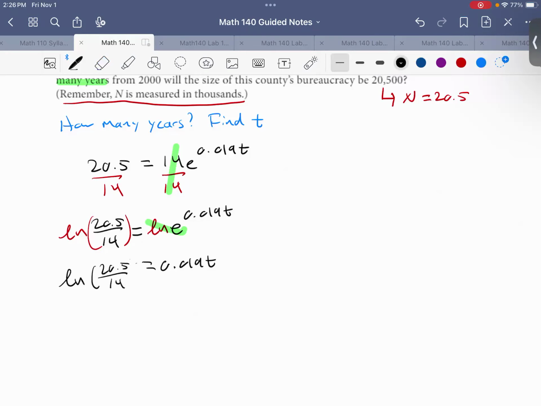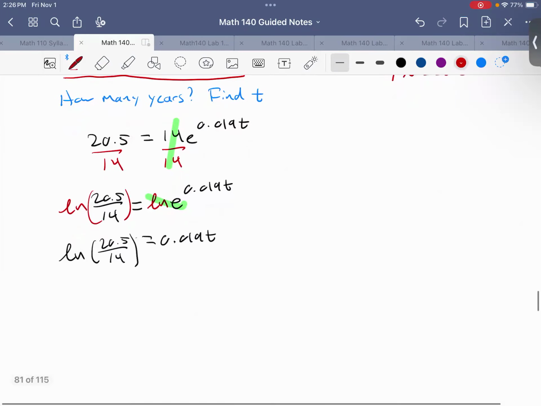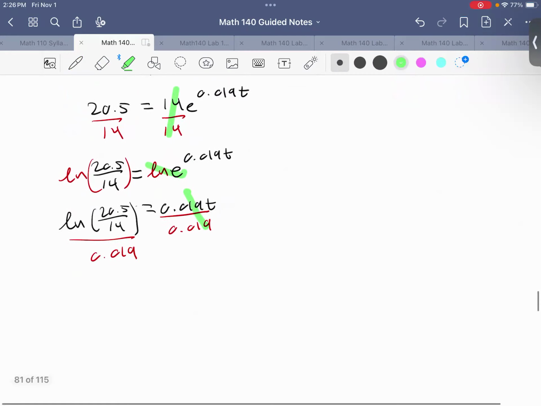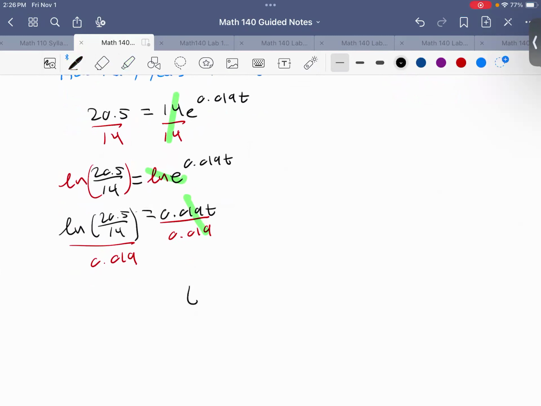So now I'm going to divide both sides by 0.019. This cancels out, and I'm left with t equals natural log of 20.5 over 14 over 0.019. And so let's go to Desmos and calculate that.